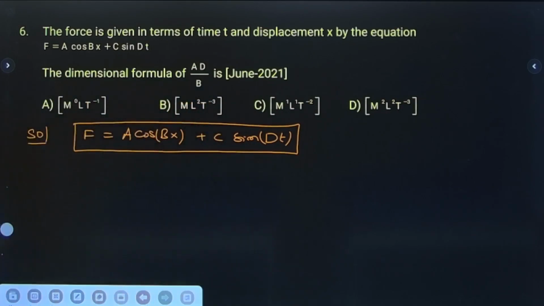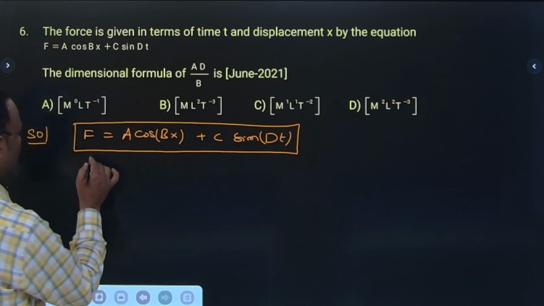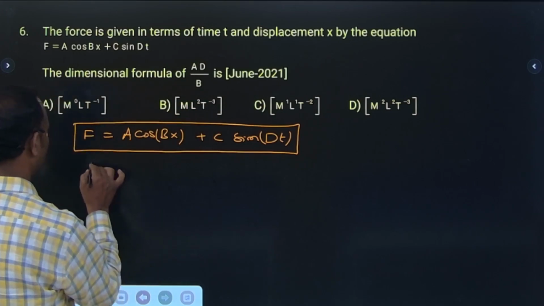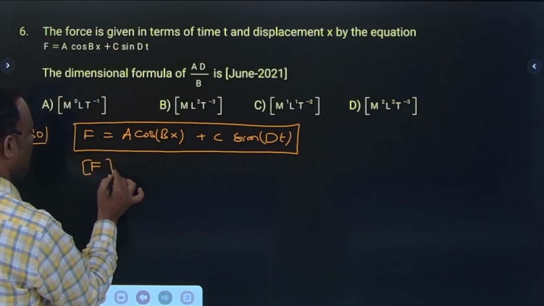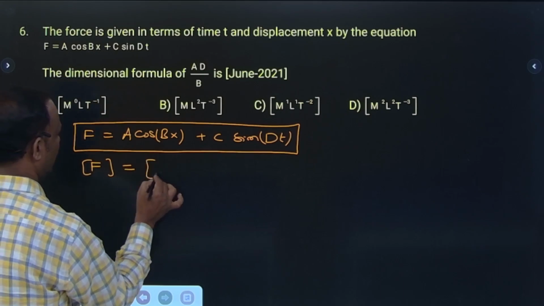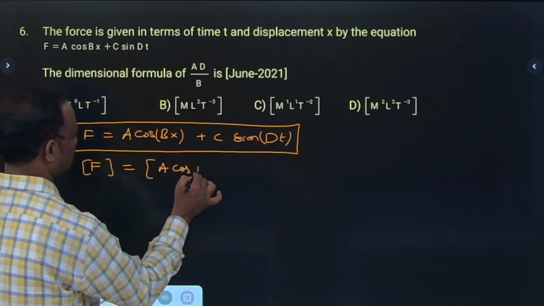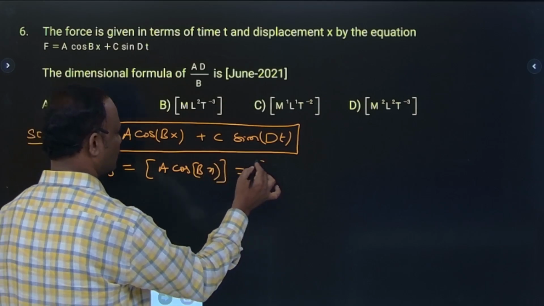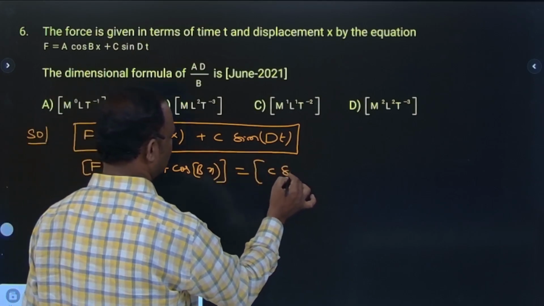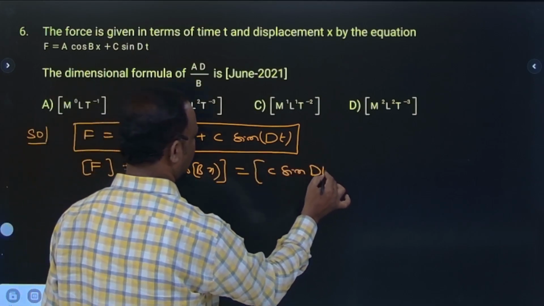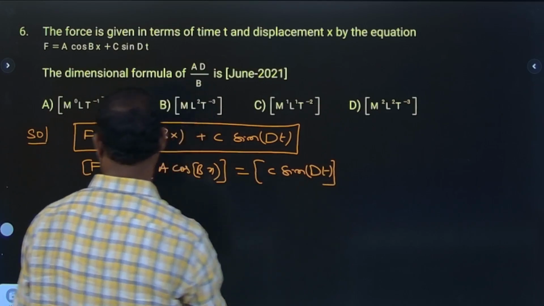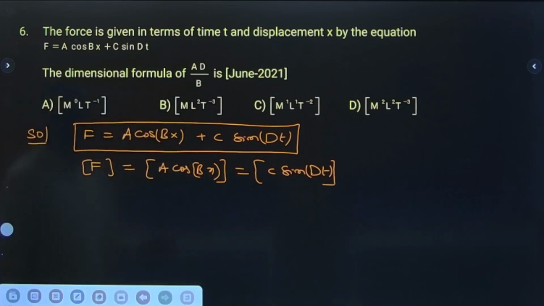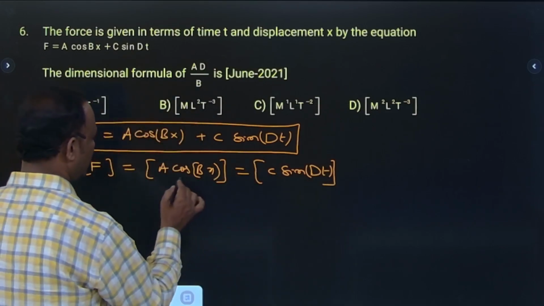Now I am talking about the dimension of F, which stands for force. The dimension formula of force must be equal to the dimension formula of A cos Bx, which is equal to the dimension formula of C sin Dt.